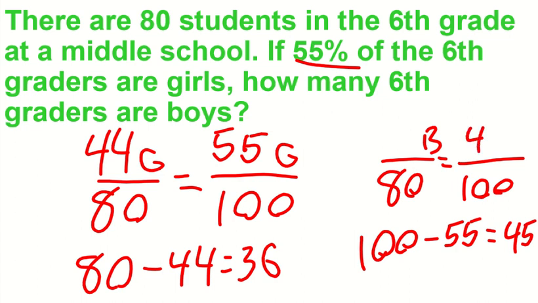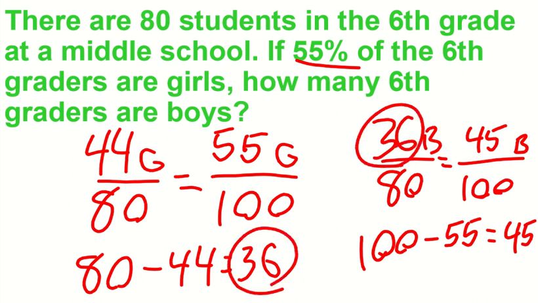And then we use that 45 there, and now we got the boys' number. So 80 times 45 divided by 100 gives you 36. So either way, you get 36 as an answer. It's just a matter of whether you subtract the beginning or the end.